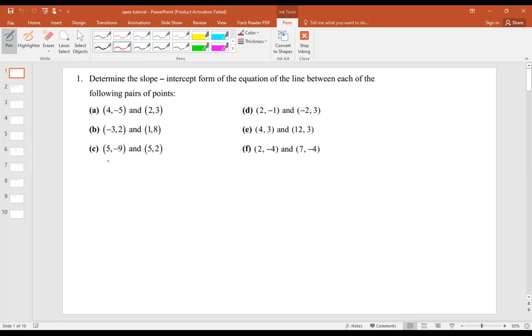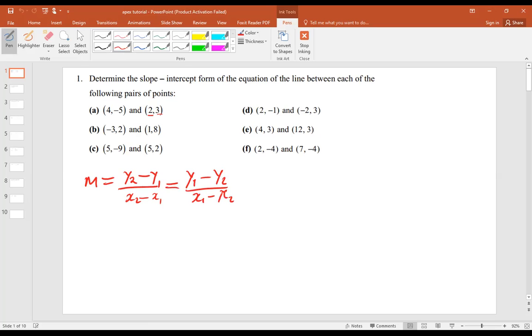Okay. So the gradient or the slope is simply given by the formula m is equal to y2 minus y1 over x2 minus x1. So if you've been given 2 points, x1, y1, and x2, y2, you can use this one, or you can also use it in this way: y1 minus y2 over x1 minus x2.